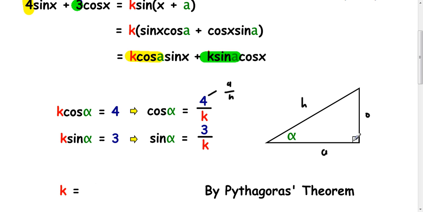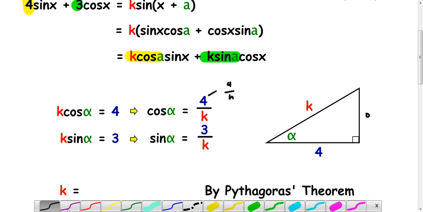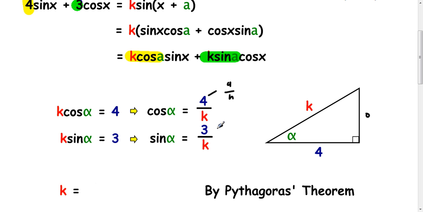The hypotenuse you find opposite the right angle, and the adjacent is the other one, underneath the angle. Because cos is adjacent over hypotenuse, we can put the 4 in as the adjacent side and k as the hypotenuse. The same with sin: sin is equal to opposite over hypotenuse, so this is really O over H. The opposite side's here, so that's 3, and again the hypotenuse is k.